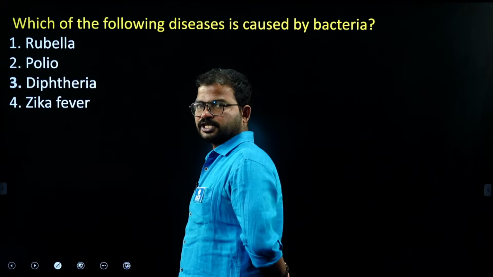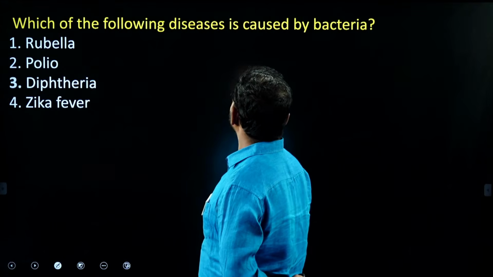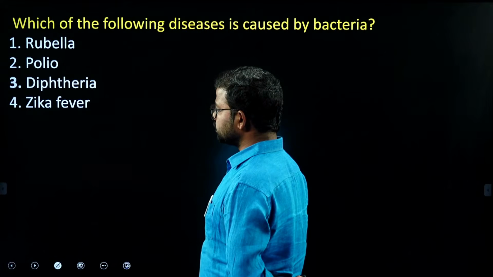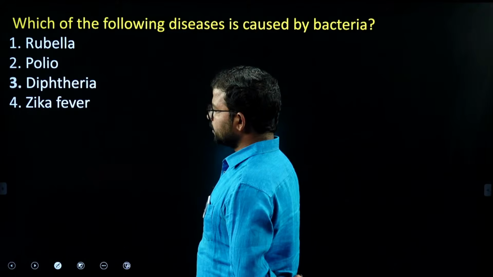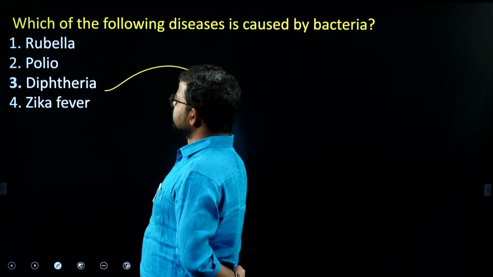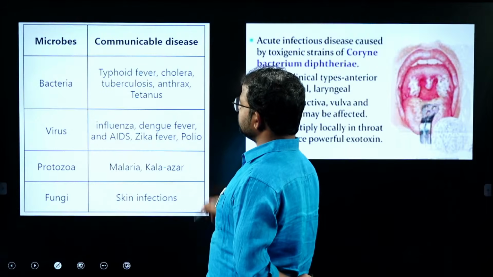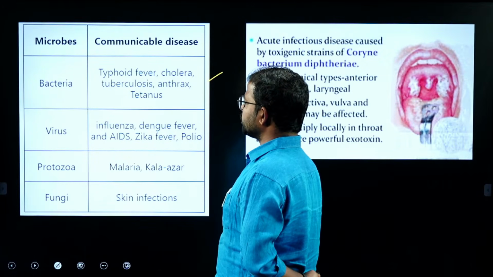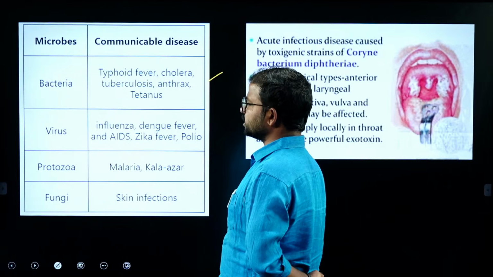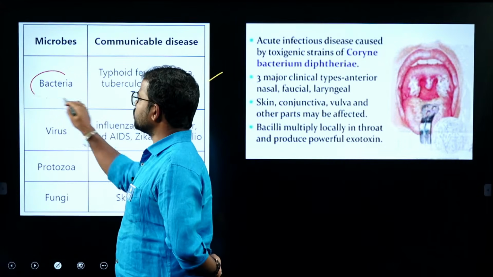What is the correct option here, guys? Of course, the correct one is option 3 only, diphtheria. If you consider typhoid, cholera, tuberculosis, anthrax, tetanus, these are all majorly caused by bacteria.